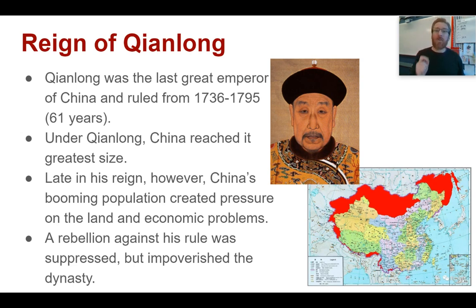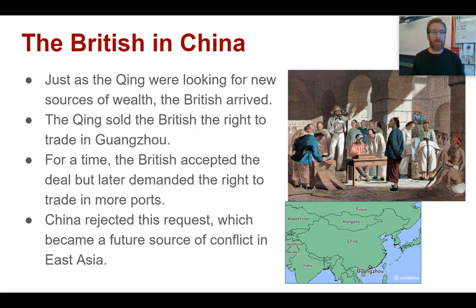Now, the rebellions were suppressed. The Qing did maintain power, but it was expensive. And as they dropped more and more money into the military to suppress these revolts, they had less and less money for expanding culture and education and all the stuff that had begun under the previous ruler.